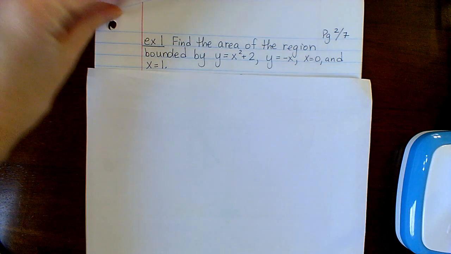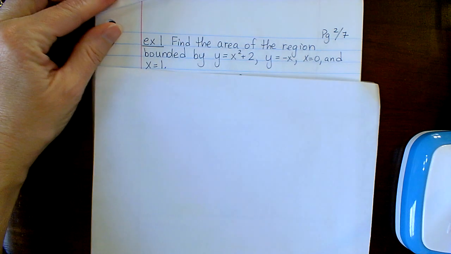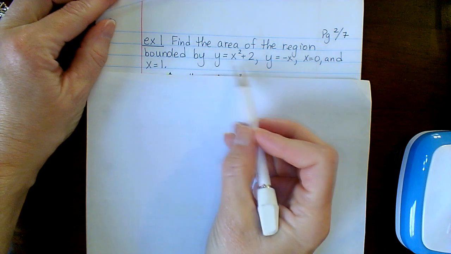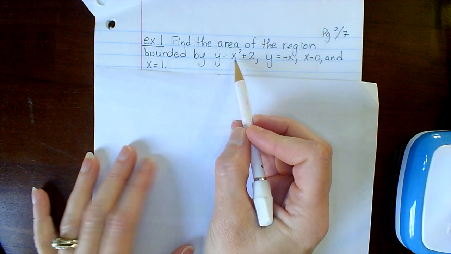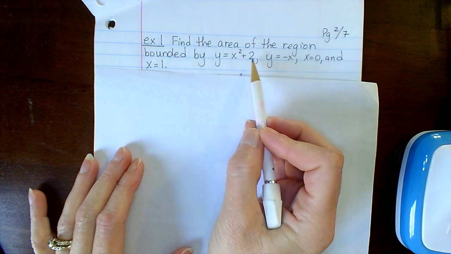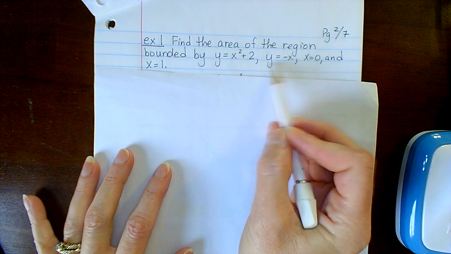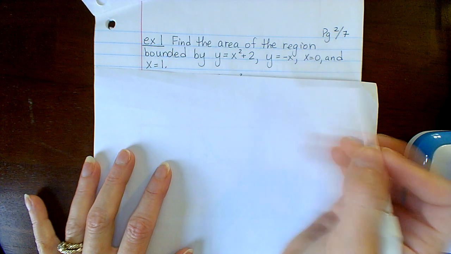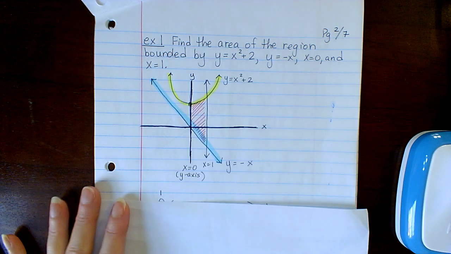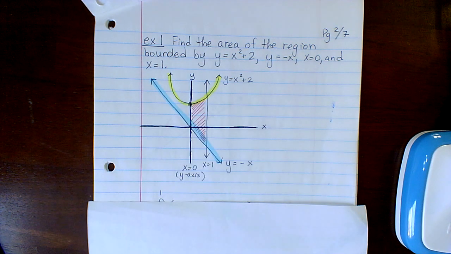So you can use your calculator to help you with these, but you can also use some of your knowledge of previous algebra courses to know that that's a parabola moved up 2 units. That's just a straight line with a slope of negative 1 and a y-intercept at 0, 0. And those two are just two vertical lines.